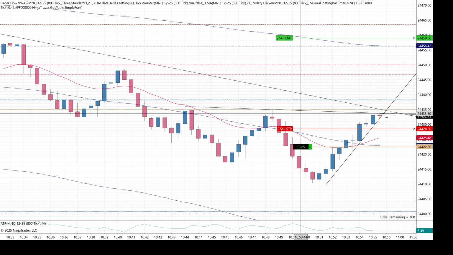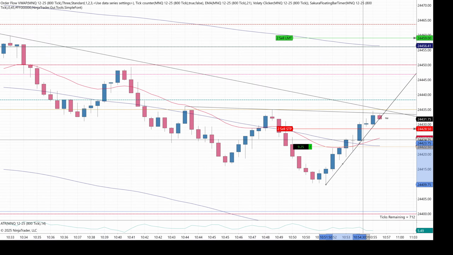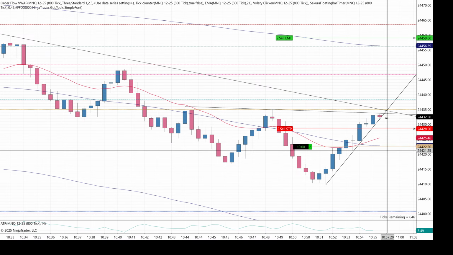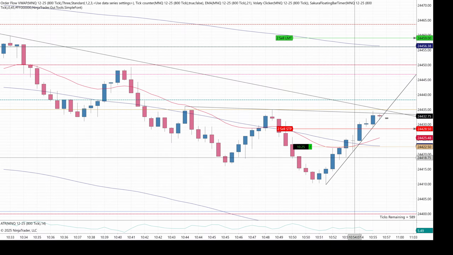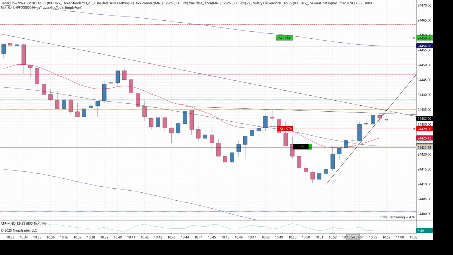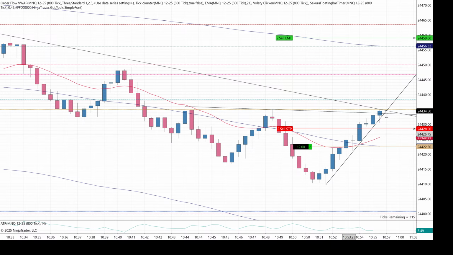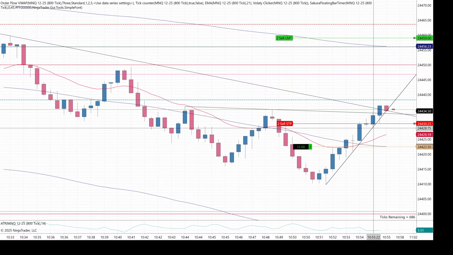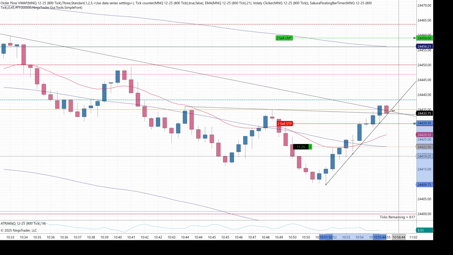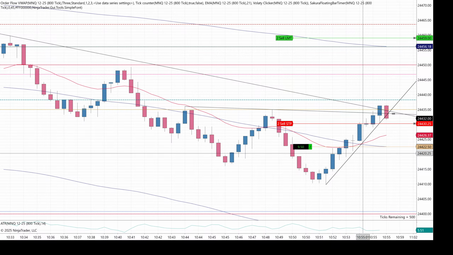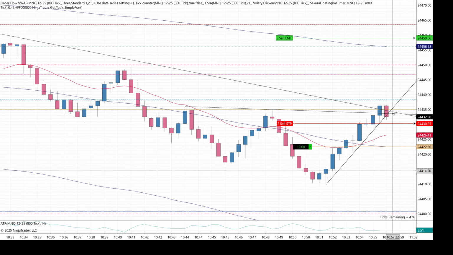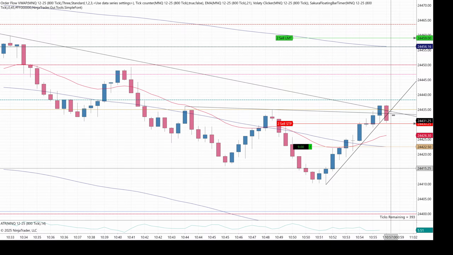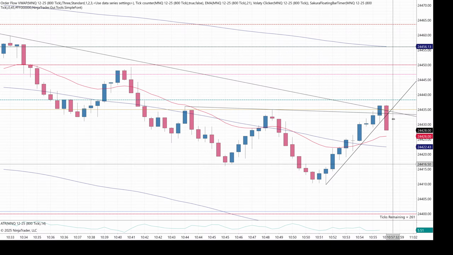We have to break this level of resistance right here, though. All right, runner's out. Good trade. Very good trade.